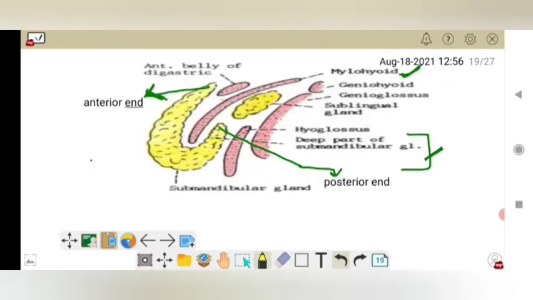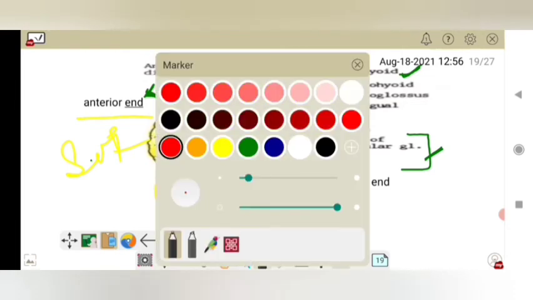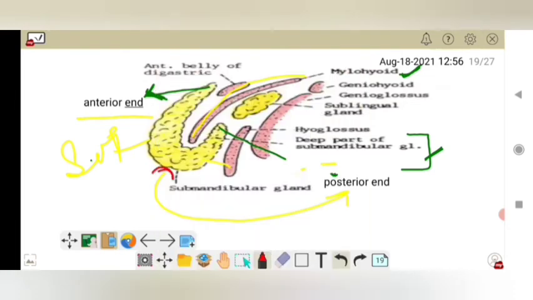This is the posterior end. This is the anterior end. In coronal section, if we look, anterior end and posterior end. This is the mylohyoid muscle. This is the superficial part and this is the deep part. And at the posterior end, what is the relation here? The facial artery.